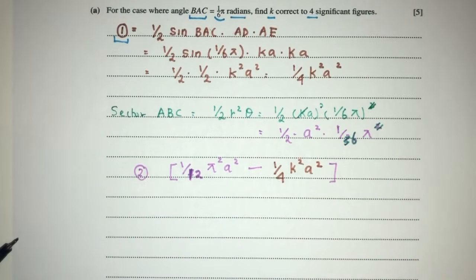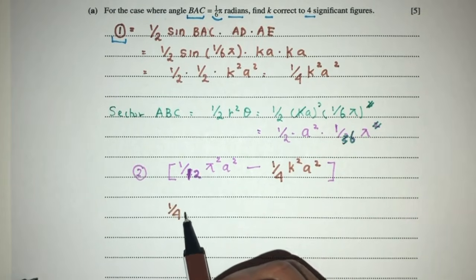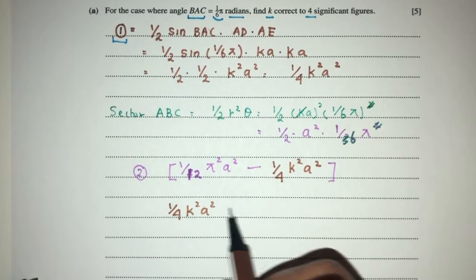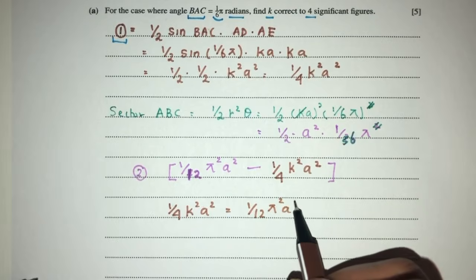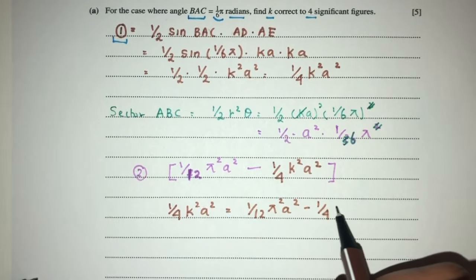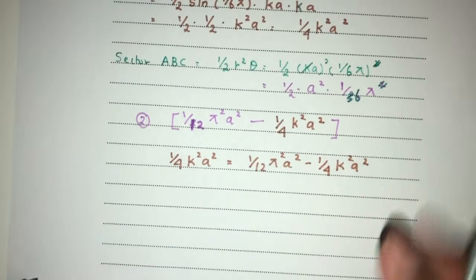Now, we do know that number 1 is equal to number 2. So number 1 is 1 over 4 K square A square, equal to number 2, which is 1 over 12 pi square A square minus 1 over 4 K square A square. Now I can first send this one over here.